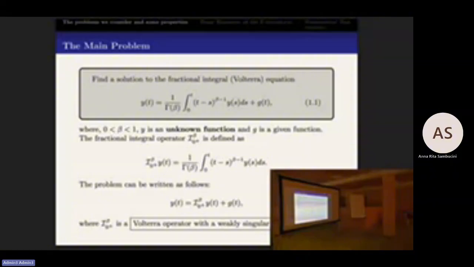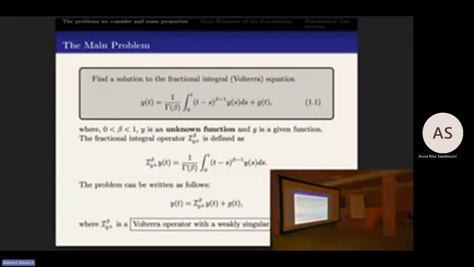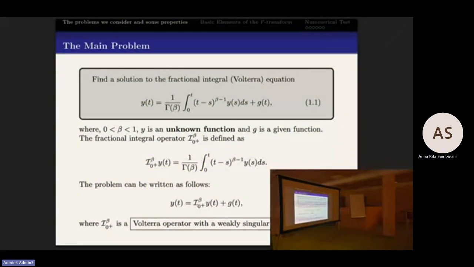Weakly singular means that when parameters approach boundaries, then this term goes to infinity, and this makes the complication of first of all solution even regular, and especially for numerical solution, because the computation of terms that are very large actually causes also large errors, and therefore the main trick is how we can manage numerical computation when we solve this type of equation.